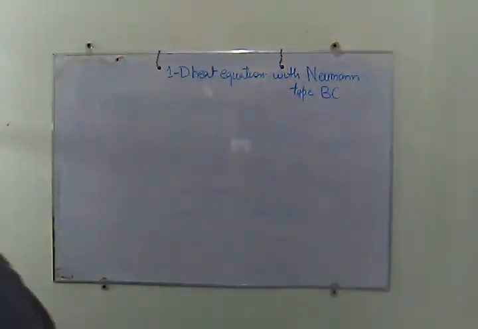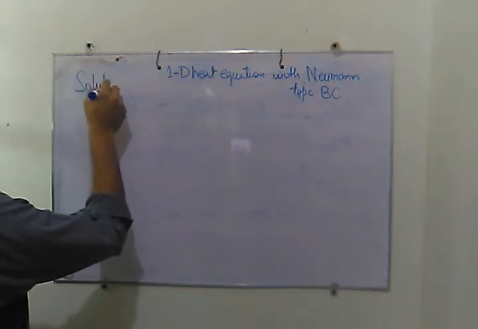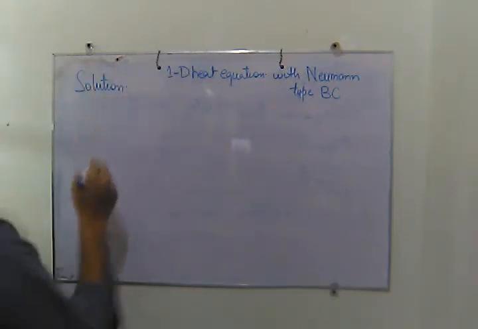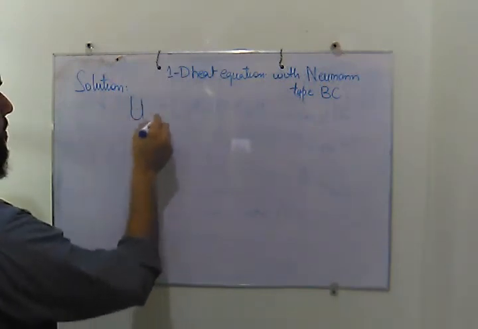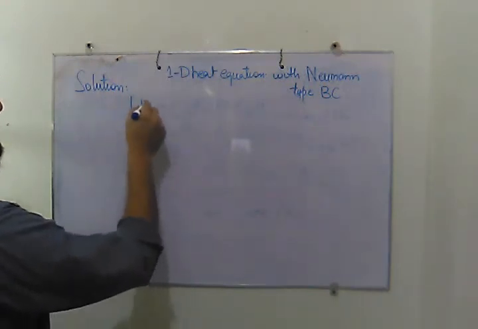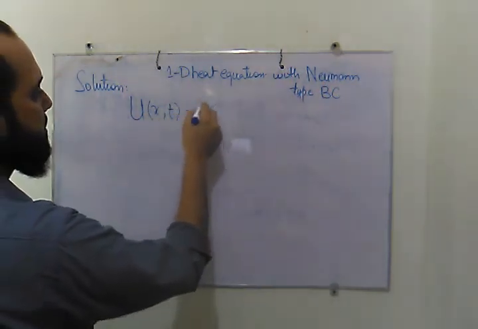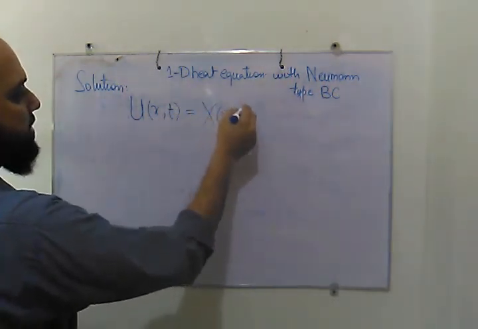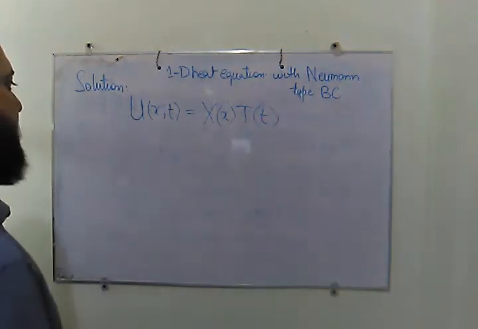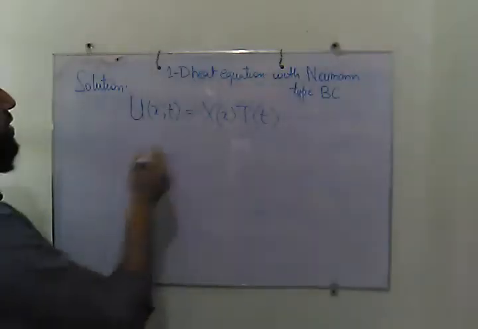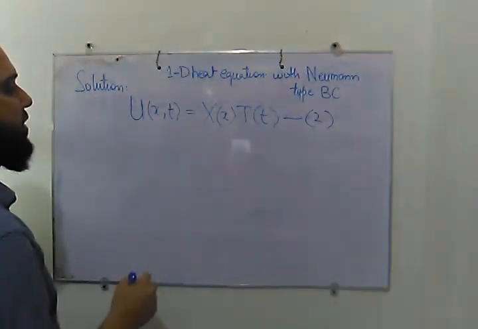So we start our solution. By the method of separation of variables, we say that our solution, which is a function of two independent variables, is the product of two independent functions. We call it equation number 2, and the heat equation is equation number 1.